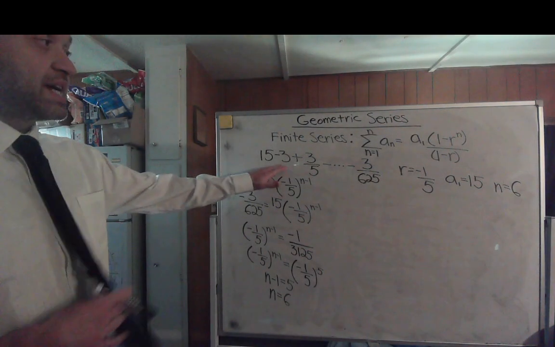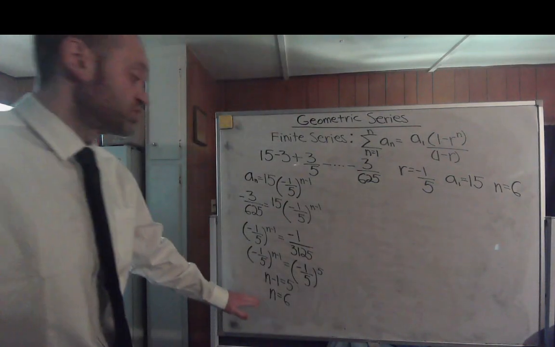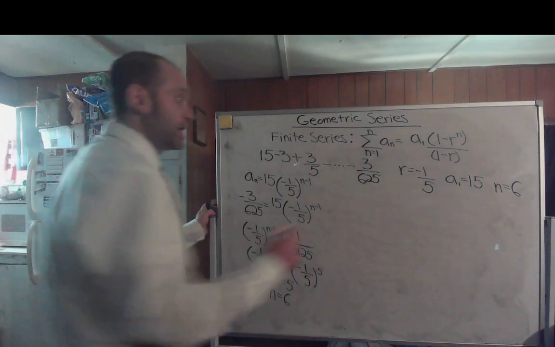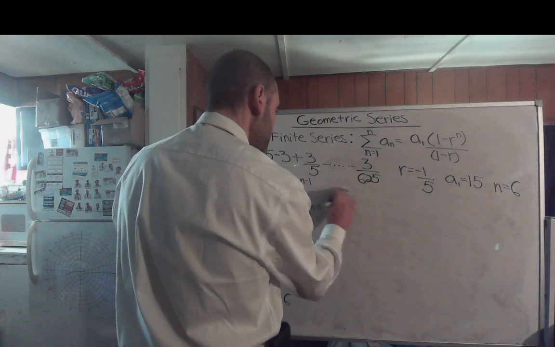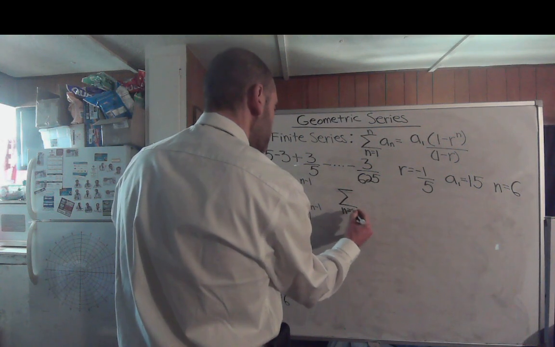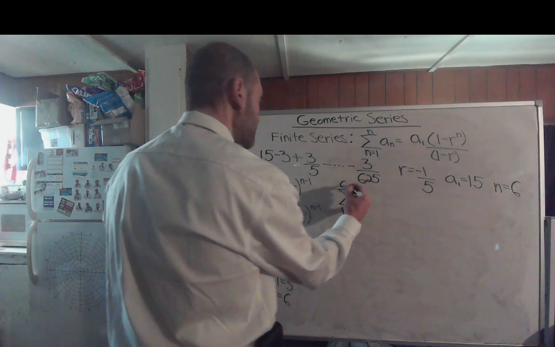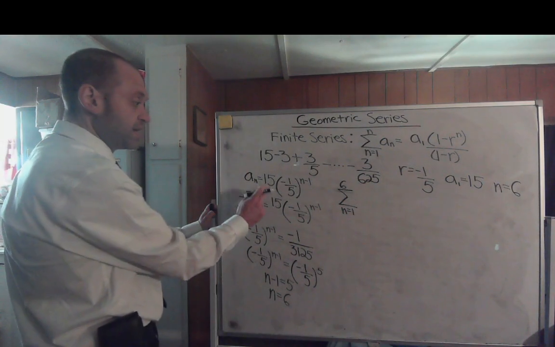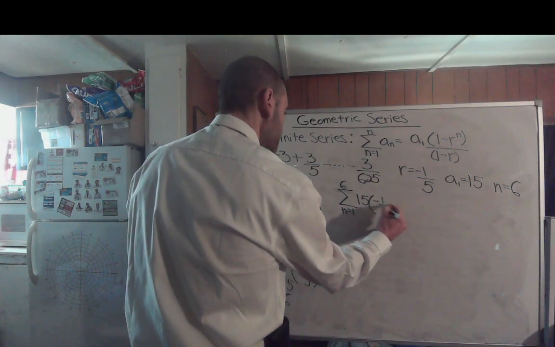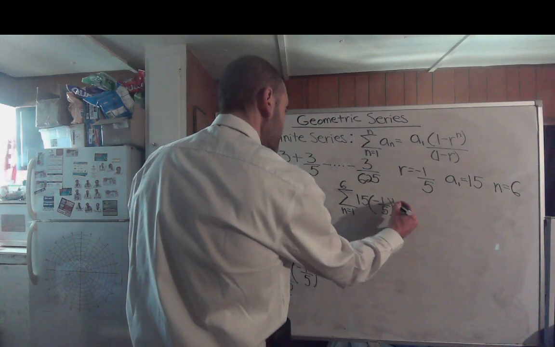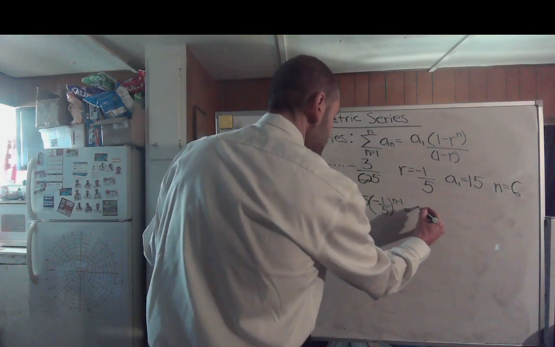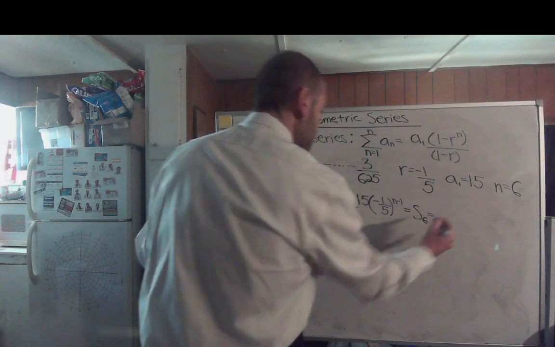which means we're going to take the sum of 6 terms now, since we have found the number of terms. So let's go ahead and find the sum here. Little crooked sigma I was starting to draw. From n equals 1 to 6, since we have 6 terms, of this sequence here of 15 times negative 1/5 to the n minus 1 power, which can be written as S sub 6 since we're doing the sum of 6 terms.